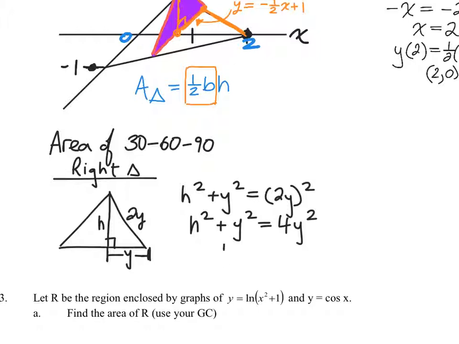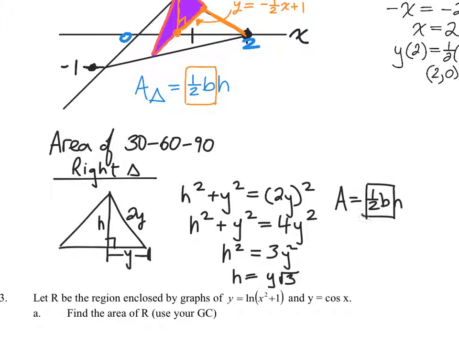All right, so solving for h, I get h squared is equal to 3y squared. Taking the square root gives me h equals y times the square root of 3. So that's my height. If I want the area of this triangle, which again is half the base times the height, I already know half the base, that's y.